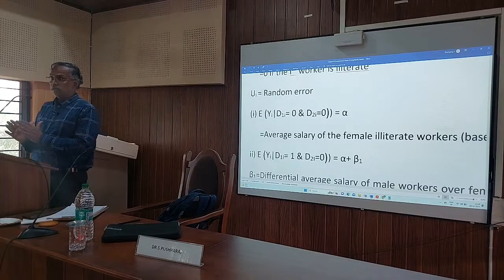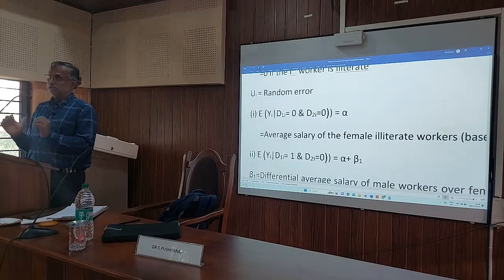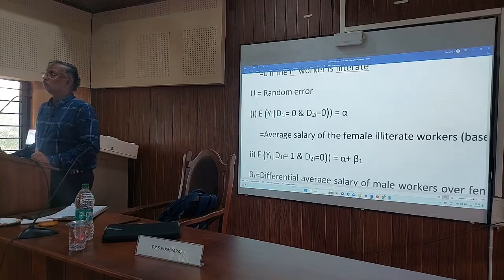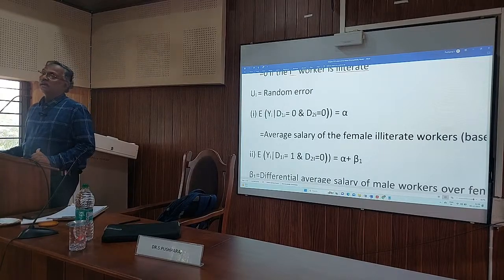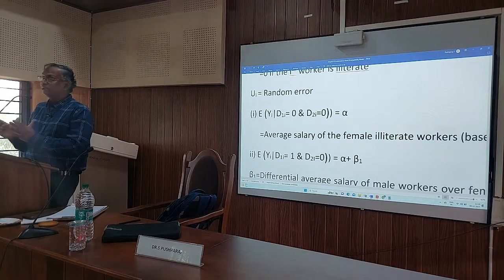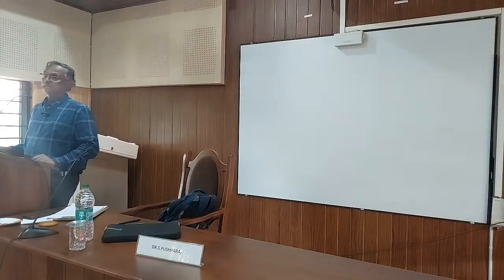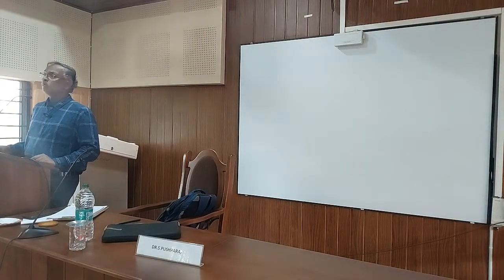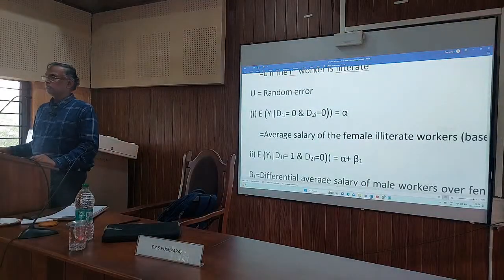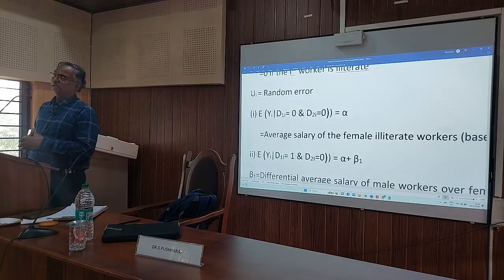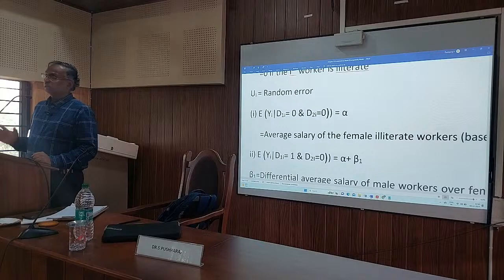So ANCOVA models are usually used in this context, right, to eliminate the other variates from the discussion of mean difference analysis, right? So in that case, these ANCOVA models are very famous, right? So on the whole, these ANCOVA models are better than most of the usual statistical tests, right?